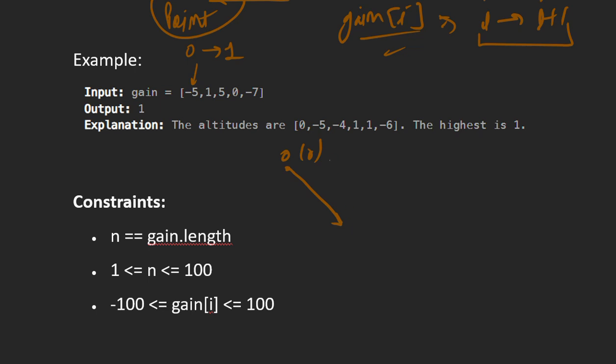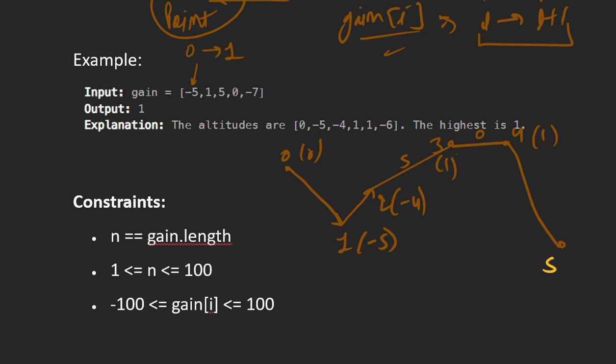So it has reached point 1 with height minus 5, then from here it has gone to point 2 with height minus 4, then it has moved to point 3 with height 1, because the gain is 5, so minus 4 plus 5 is 1. Then it has moved to point 4 and the gain is 0, so the height will remain the same, that is 1. Then it has moved to the fifth point, and here the gain is minus 7, so the height will be minus 6.